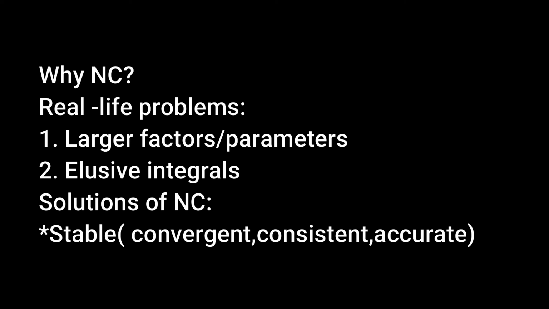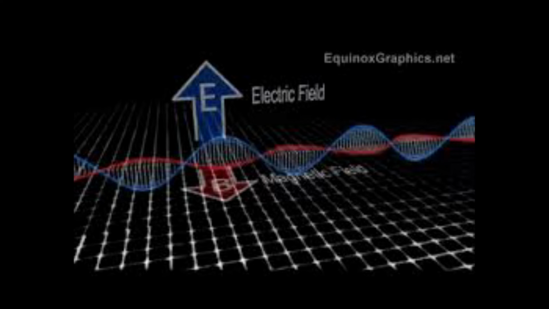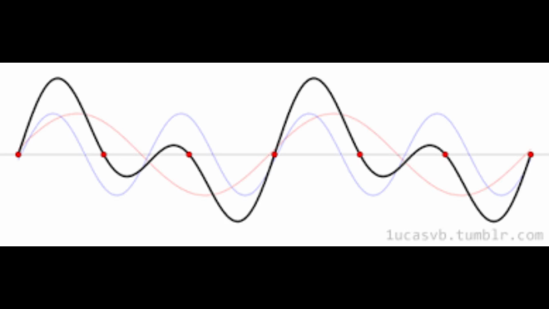Now we need to study the basic practical applications of numerical computations: in which fields, or how, it is used in real life. The first application is engineering. It can be electrical engineering, in circuit analysis, or civil engineering, or mechanical engineering, so any field of engineering.